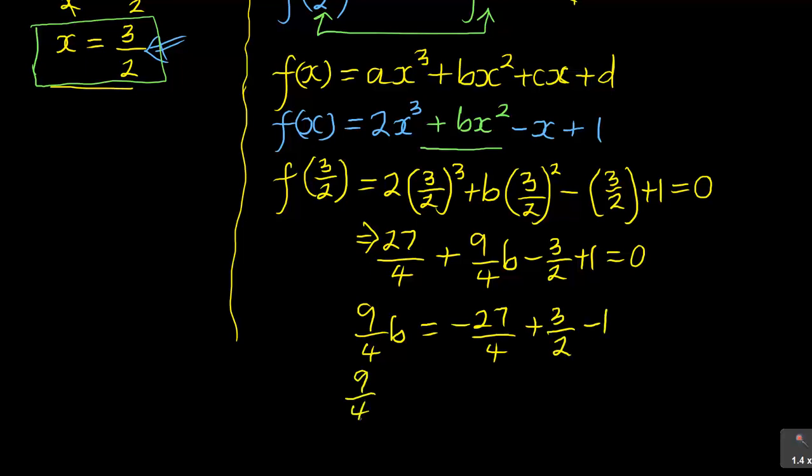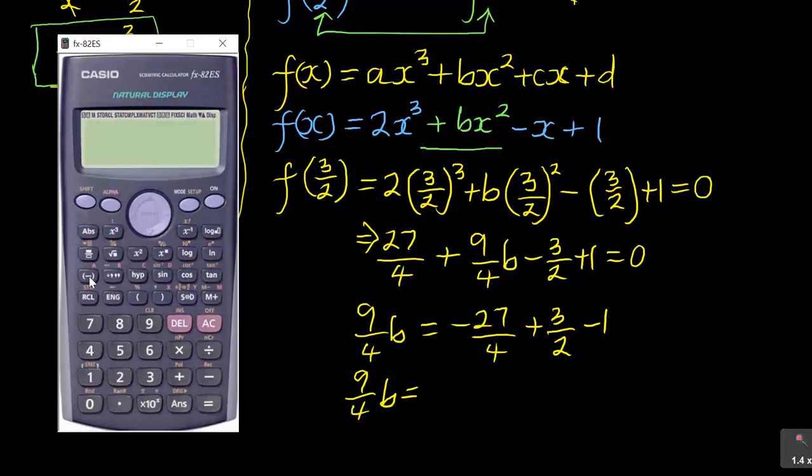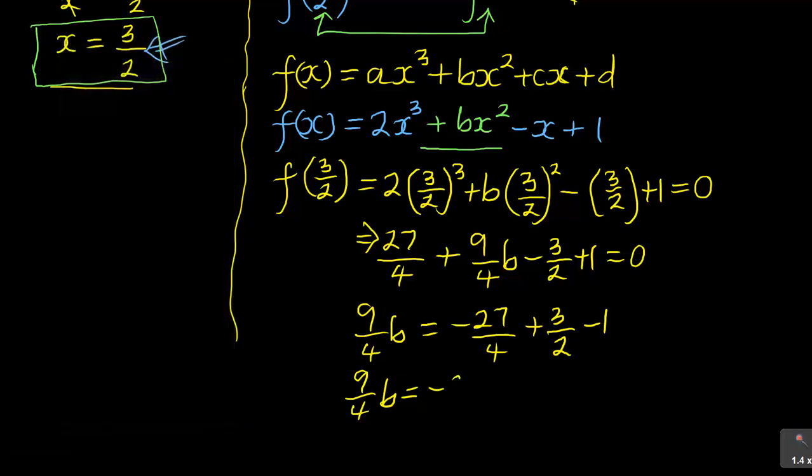Now simplify that quickly with the calculator. So it's negative 27 over 4 plus 3 over 2, and it's minus 1, and you can see that I'm getting minus 25 over 4.